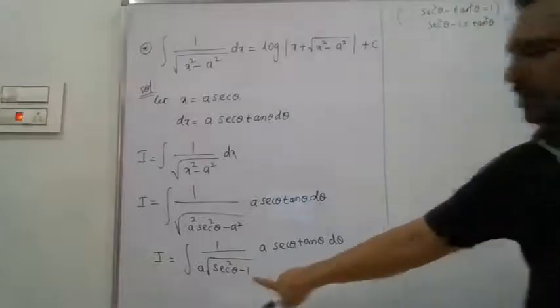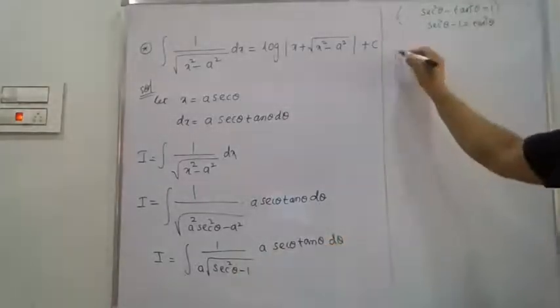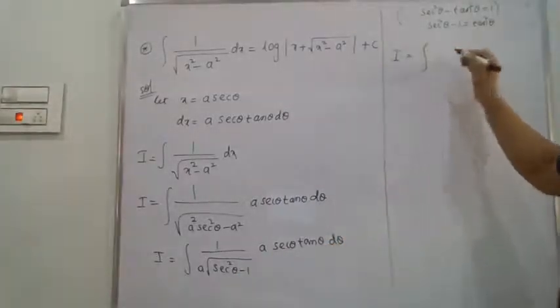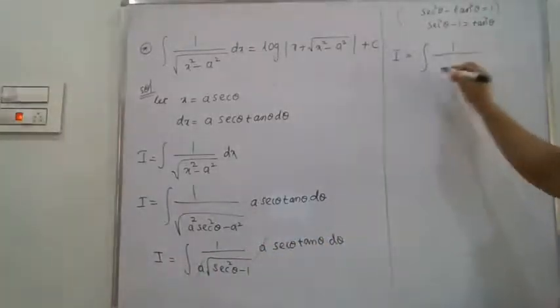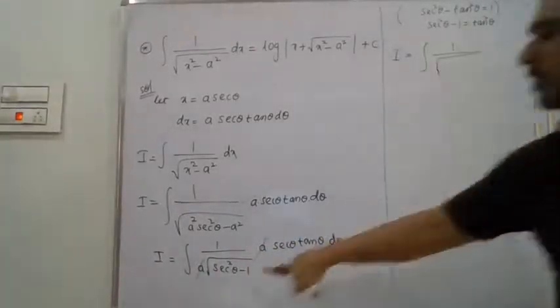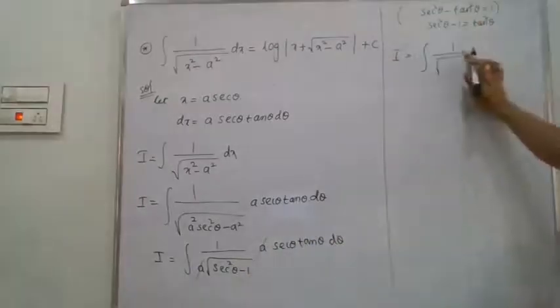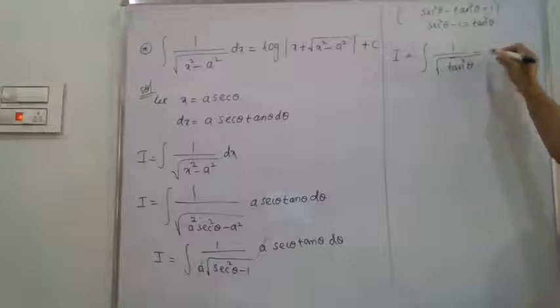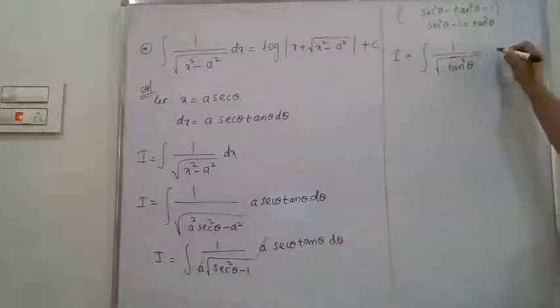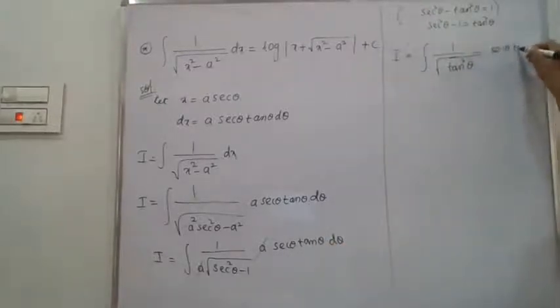We do this substitution here. So I is equal to integration of, this a and this a get cancelled. Constant is not there now. By square root of, instead of secant square minus 1, I can write tan square theta. So square root of tan square theta into, already we have, secant theta into tan theta d theta.